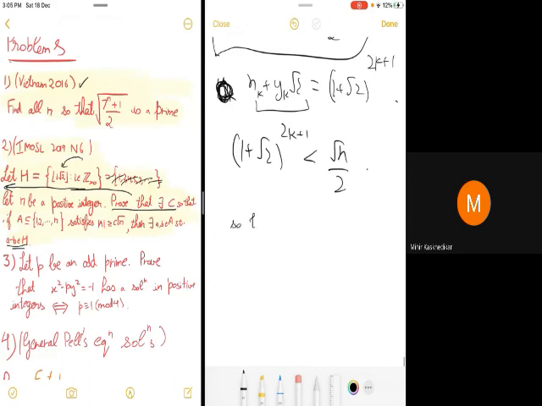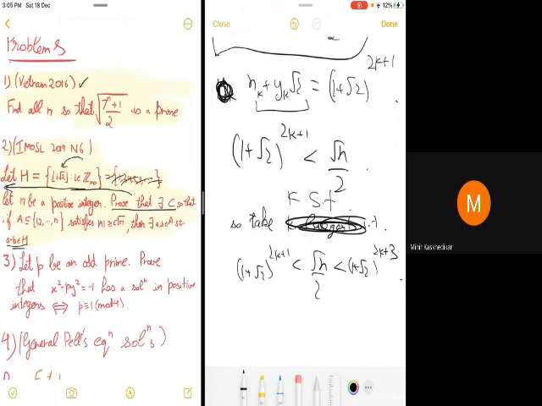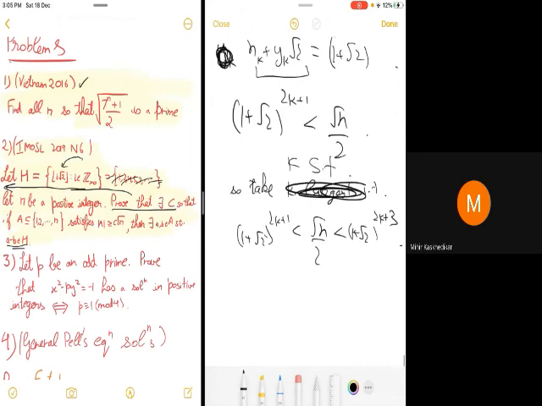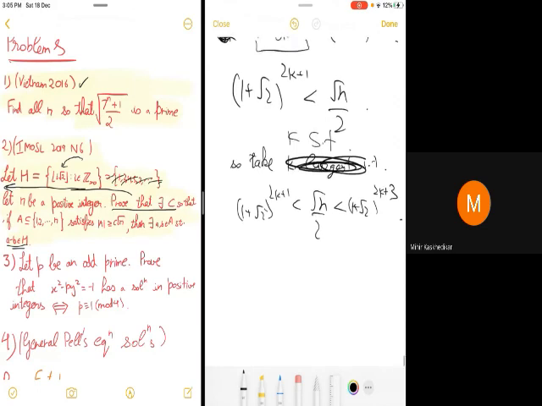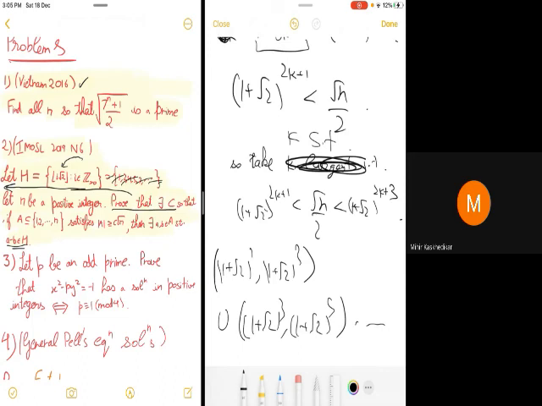So take k largest such that it is less than root n over 2, with 2k plus 3 for the next one. There exists such a k because the intervals from (1 plus root 2) power 1 to (1 plus root 2) power 3, union the interval to power 5, and so on, all union to form a partition of the reals.